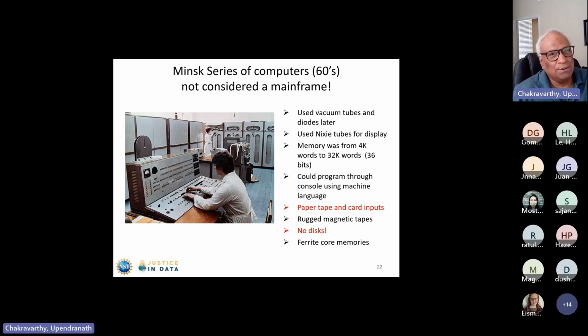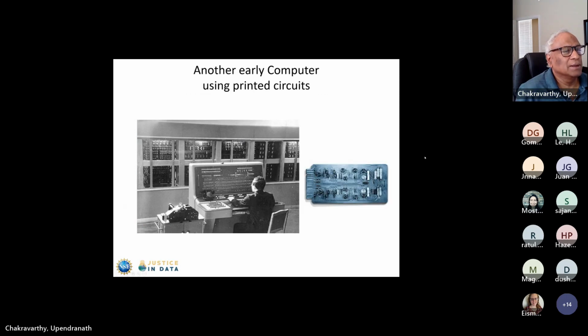Today we have 256 GB in our pockets. You could program through the console using machine language. This was the console. It had paper tapes and card inputs. It had very rugged magnetic tapes, no disks at all, and poor memory. So it occupied an entire room, and its capability was very, very minuscule compared to what you have today.